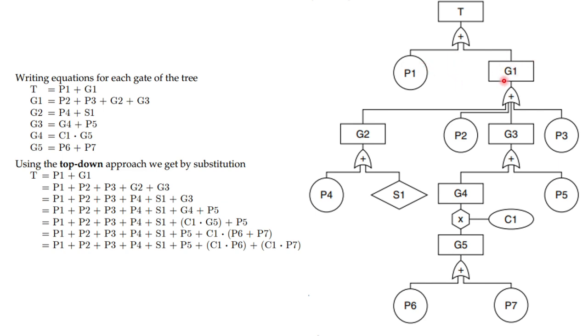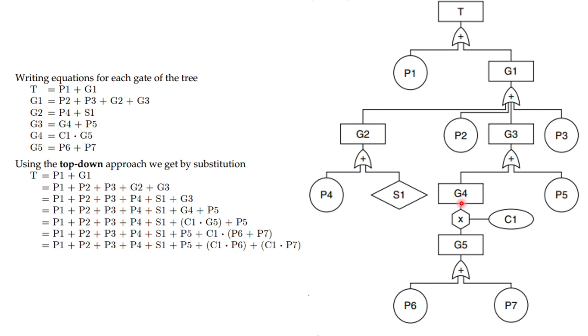Also, the G1 is equivalent to P2 plus G2 plus G3. Then for the G2, it is the sum of P4 and S1. For G3, it is the sum of G4 and P5.